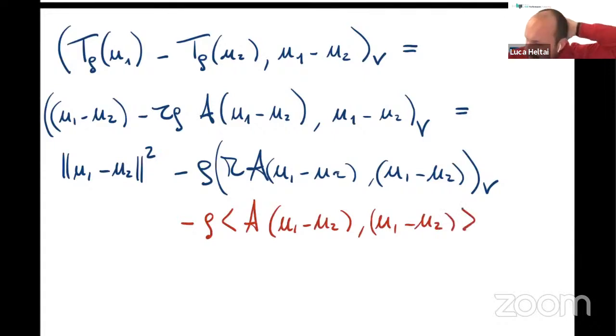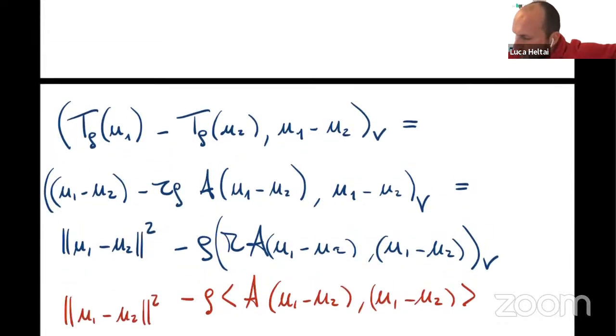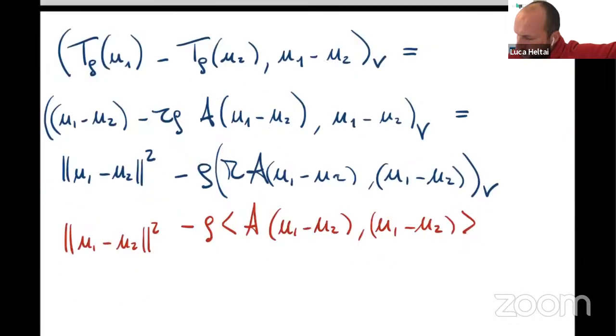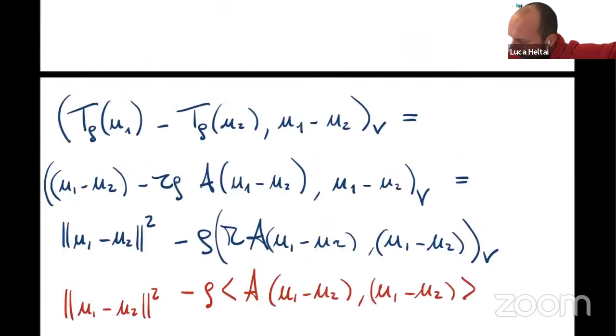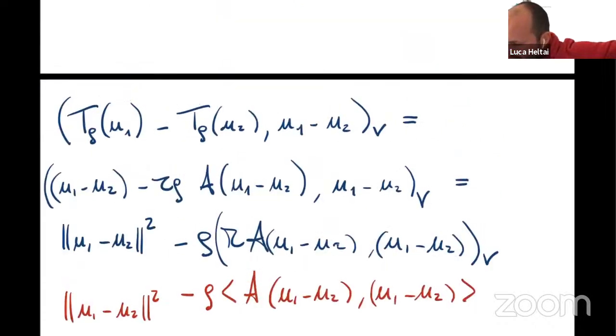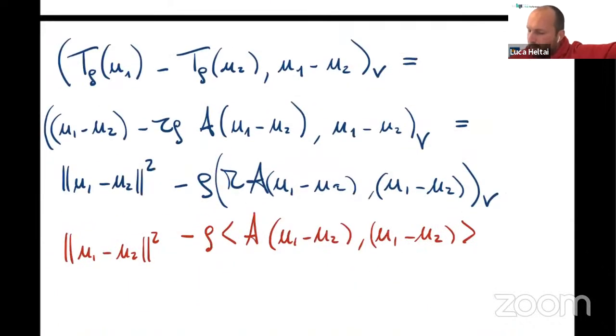And what I forgot to write on the right hand side here was, so this is exactly T rho U1 minus T rho U2.